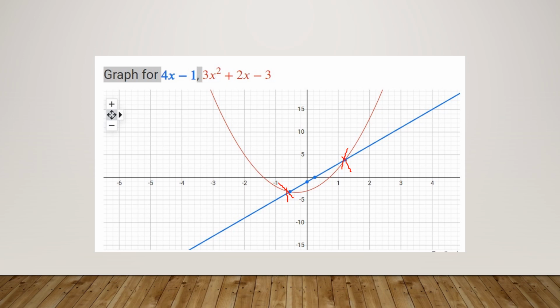The positive x value is 1 and 1/5, and the other value for x, the negative value, is -3/5. And then we'll have two values for y. The positive y value will be 4, and the negative y value will be -3.